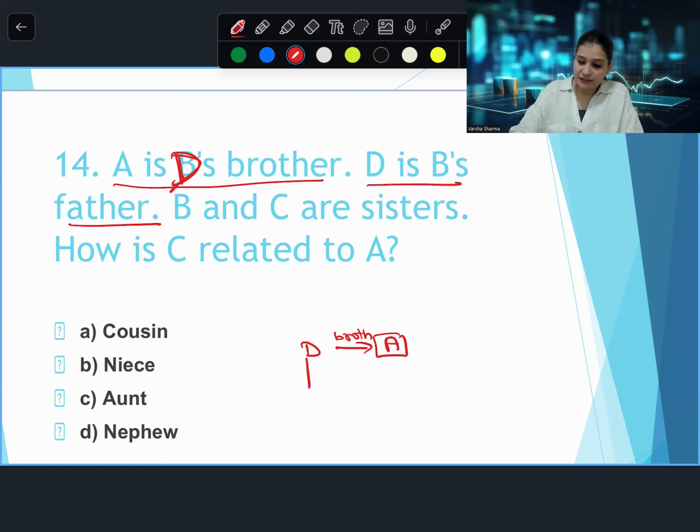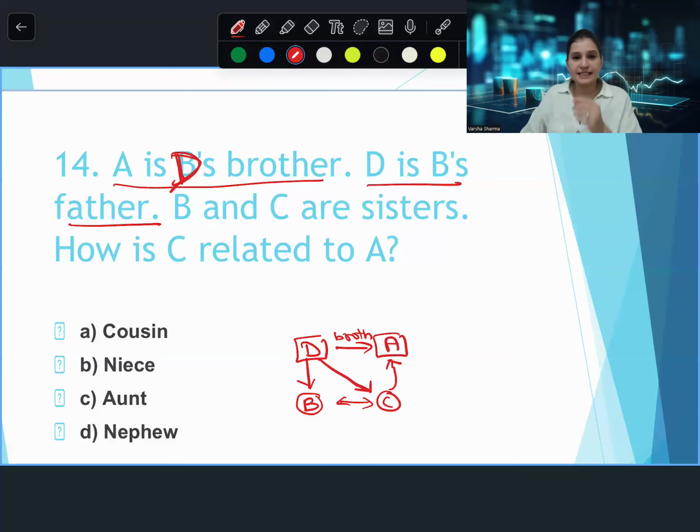D is B's father. B and C are sisters. How is C related to A? What's the answer, guys? Niece, ma'am. The father of B as well as C, and A is the brother of the father.